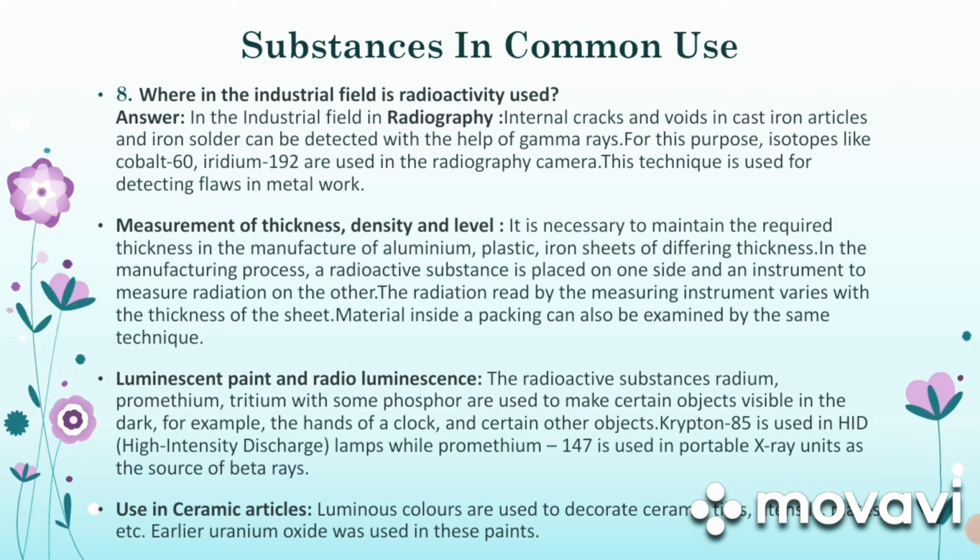Krypton 85 is used in HID lamps, that is high intensity discharge lamps, while promethium 147 is used in portable X-ray units as the source of beta rays. Use in ceramic articles. Luminous colors are used to decorate ceramic tiles, utensils, plates, etc. Earlier, uranium oxide was used in these paints.